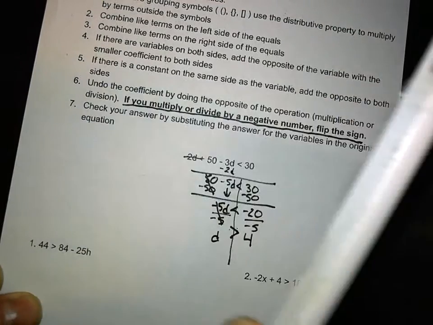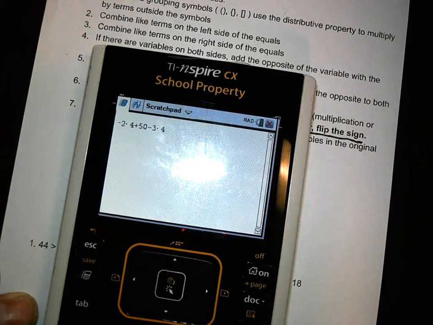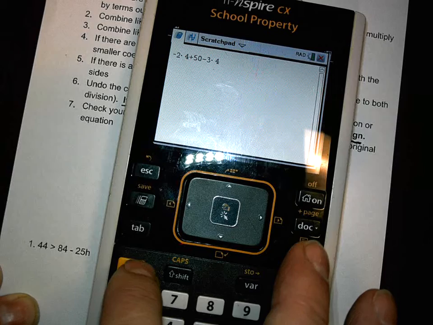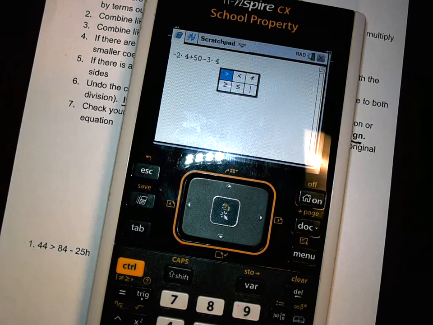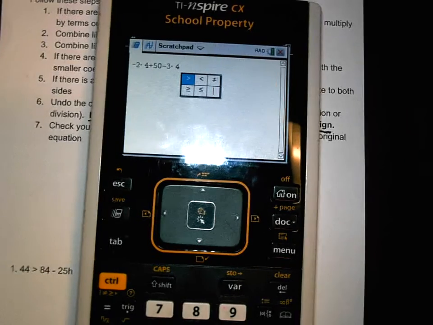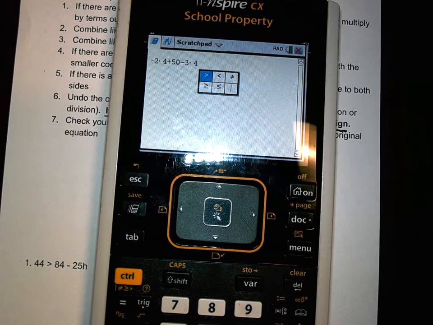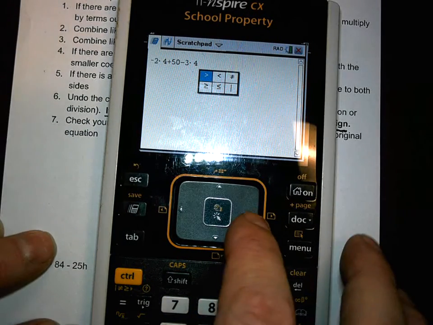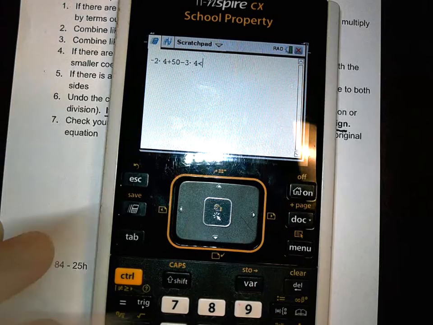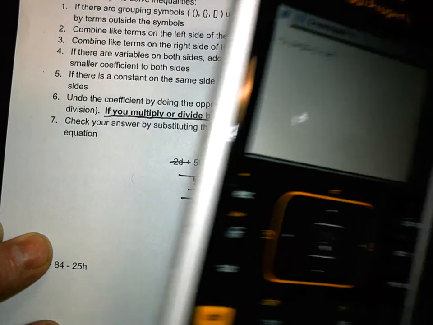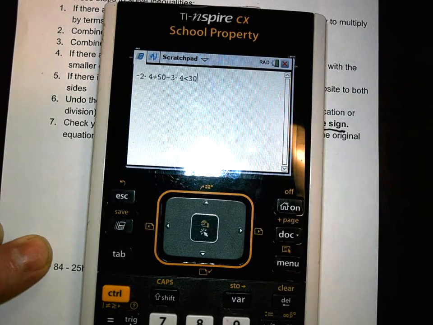And now my problem says it's less than, so I'm going to hit the control key and the equal sign. It'll bring me up a little sub-menu, and I'm going to look for the less than sign, which is right there. Less than 30.